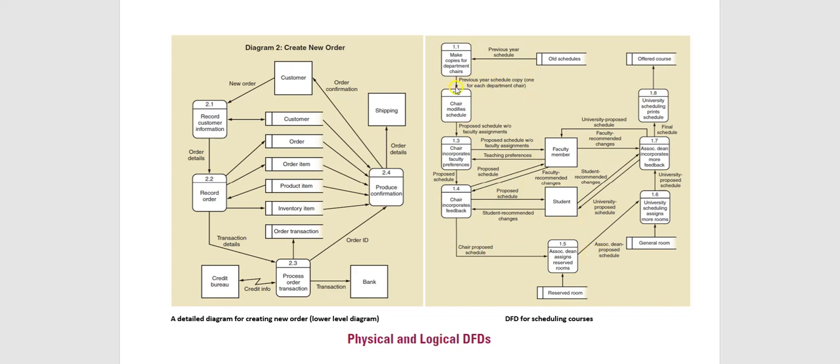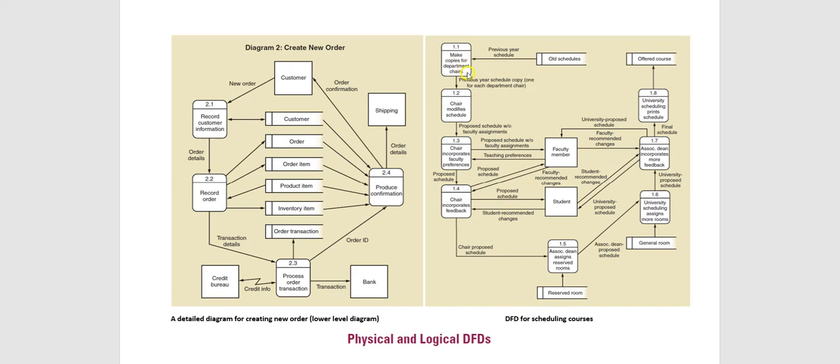If you think about process number 1.1 here, obviously this assumes a technology that we implement this process with, right? Now what is the technology? Make copies for department chair. Here you can say this is a course scheduling system.